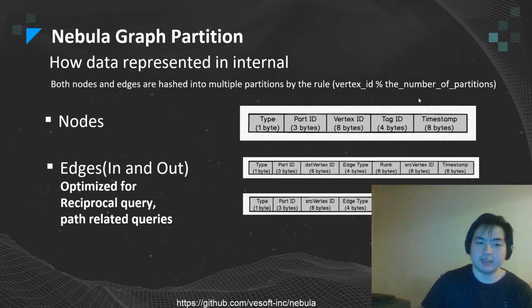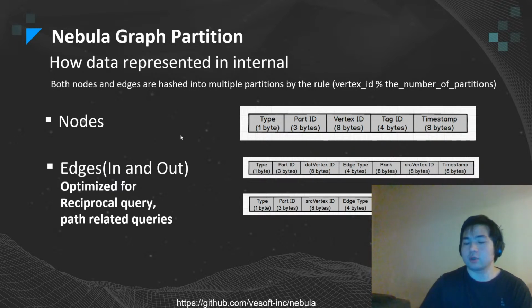By doing this, we can guarantee that a node and its edges, both incoming and outgoing, belong to the same partition. This is perfect for path-related queries, because we need to find the relevant paths from one node and do not want to search across different partitions.